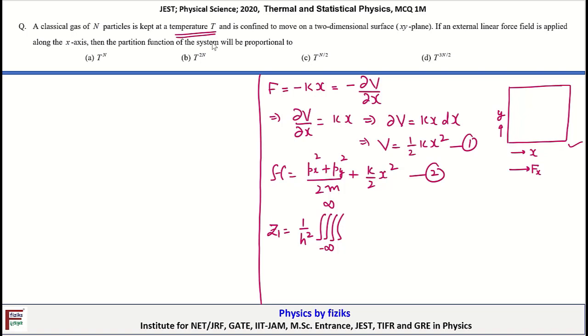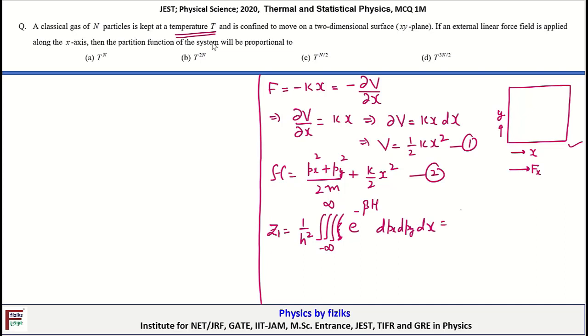Here, in principle, we will not have four integrals, we will have only three integrals, because the potential affects only one direction. So that means exponential minus beta H, dpx dpy dx.